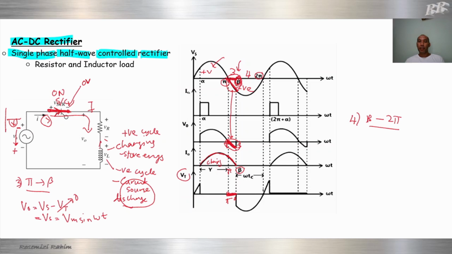Now we know that at this point the current source is empty. Current will flow from the positive terminal, go to the inductor, go here, and go here. You can see that this is opposite, which means the SCR will be off.